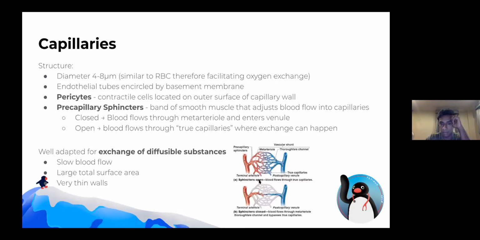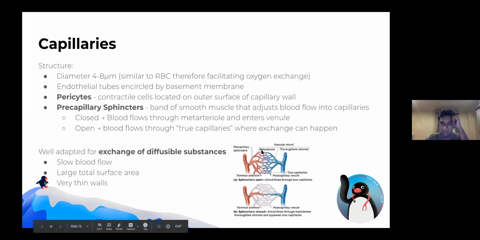If you look at this diagram, if the sphincter is closed, then less blood can flow through the capillaries, but if it's open, more blood can flow through. And it allows for exchange of diffusible substances.